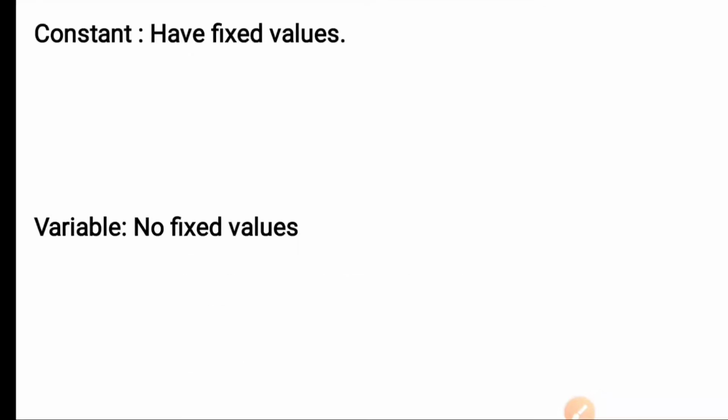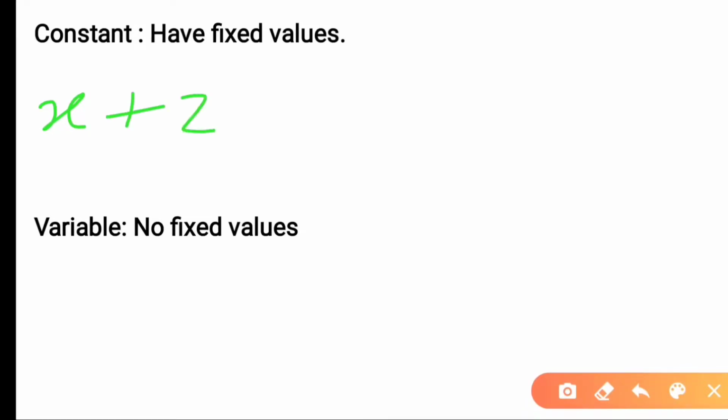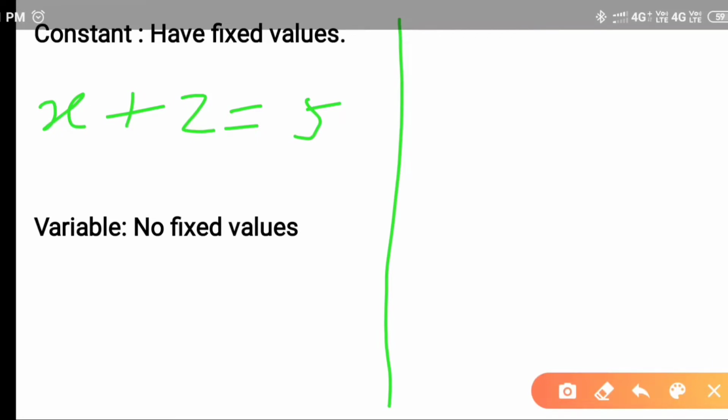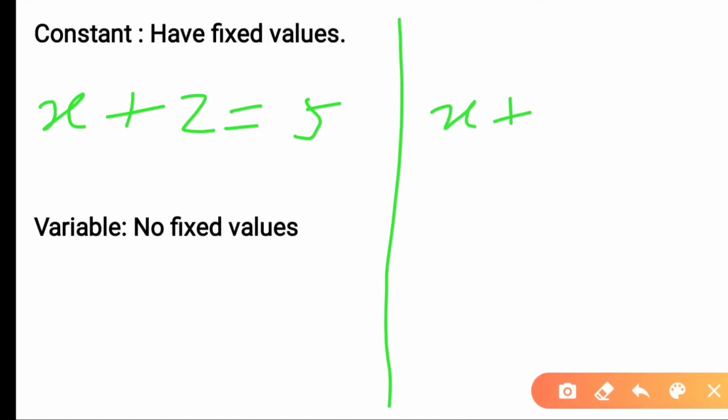Basically, there are two terms in mathematics. One is constant and another one is variable. Constant means the one which has fixed values, whereas variable has no fixed value. For example, if I write x plus 2 equals 5, and another example, x plus 3 equals 7.